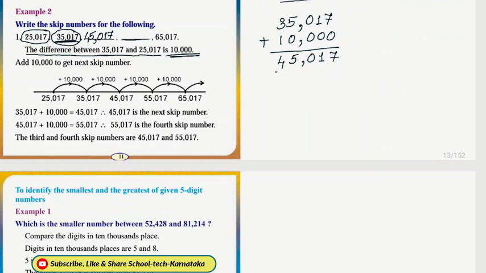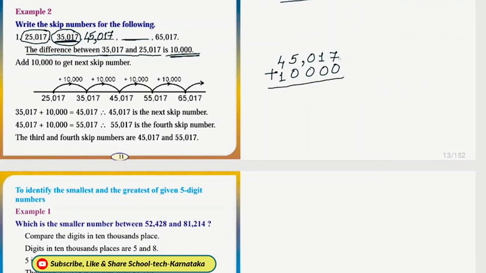Now we already have 45,017. To find the next skip number, we add 10,000 to the number that we have. So 7 plus 0 is again 7, 1 plus 0 is 1, 0 plus 0 is 0, 5 plus 0 is 5 and 4 plus 1 is 5. Our next skip number is 55,017 and the last skip number that we have here is 65,017.